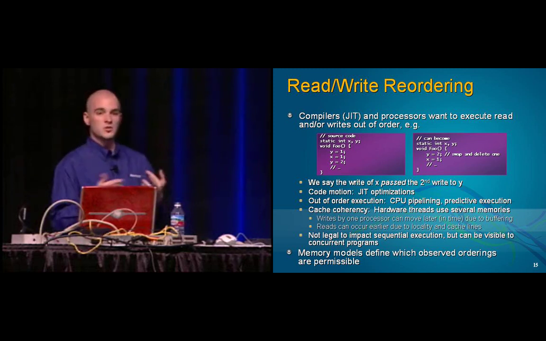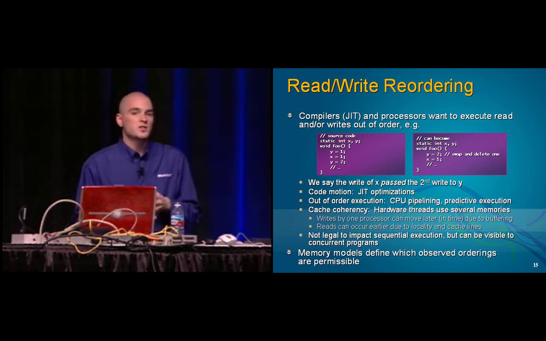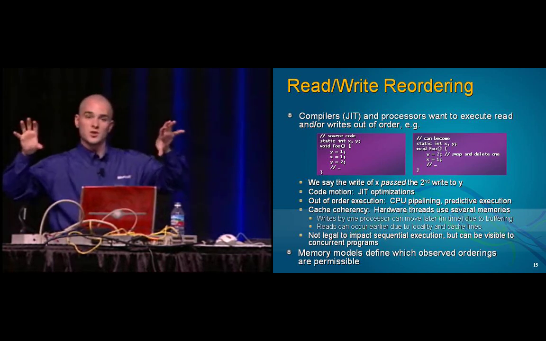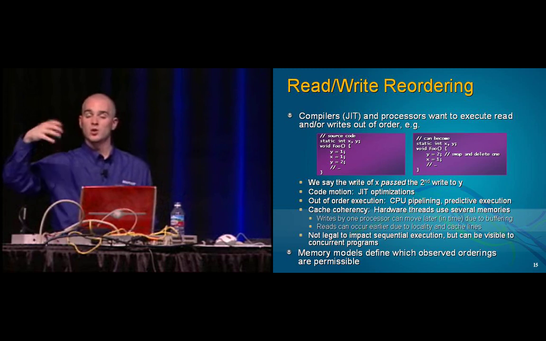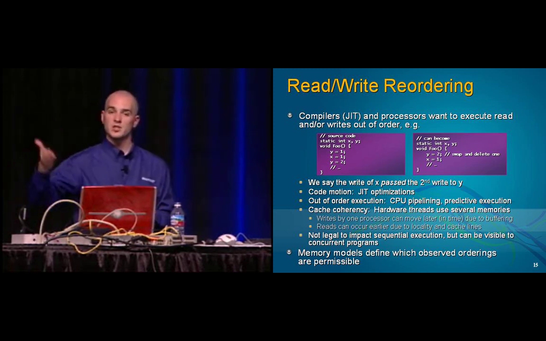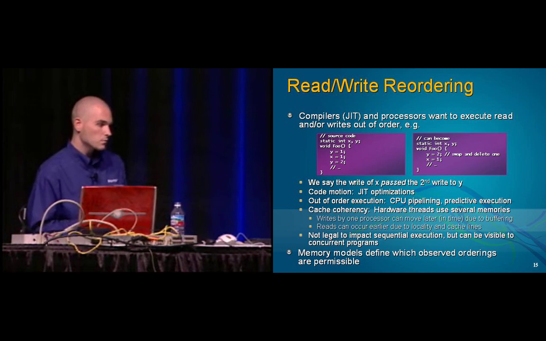Modern CPUs use cache hierarchies to make memory accesses efficient. But each processor could have its own cache, right? So one processor can write, it'll go to the cache, but then the cache needs to be flushed to main memory for another processor to observe the effects of that write. This is called cache coherency.